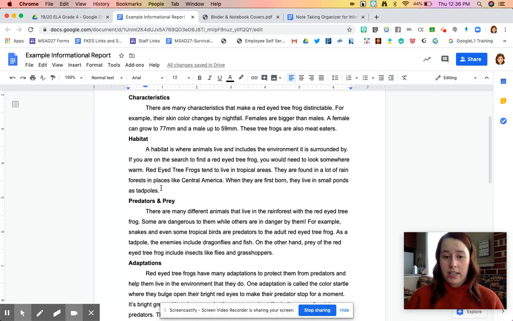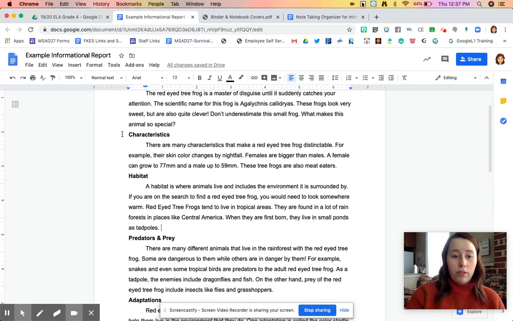Red-eyed tree frogs tend to live in tropical areas. They are found in a lot of rainforests in places like Central America. When they are first born, they live in small ponds as tadpoles. So again, I have my 3 facts, but I also have another couple sentences in there to help make the transition smooth and introduce what I'm talking about in that paragraph.